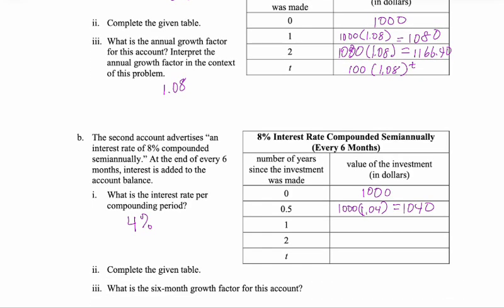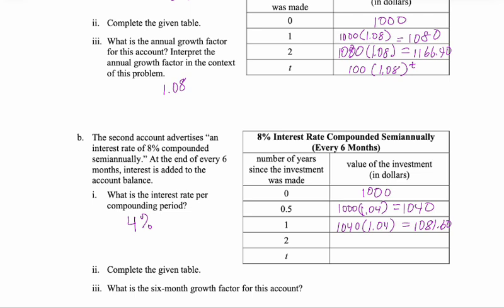So let's keep doing that. Now at the year 1 mark, they've done it again. So now we're going to take the 1,040 times 1.04, and we get $1,081.60. Now if we compare that with our original amount, it is $1.60 more. So we've actually gained money because we got interest on the stuff that was there for 6 months.